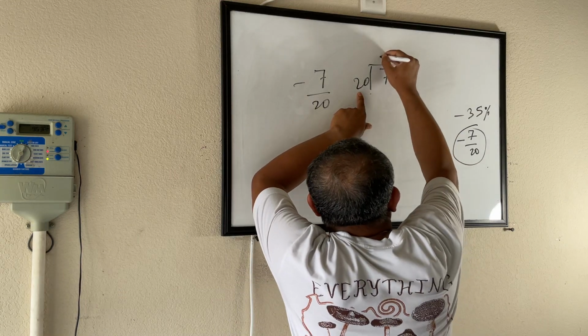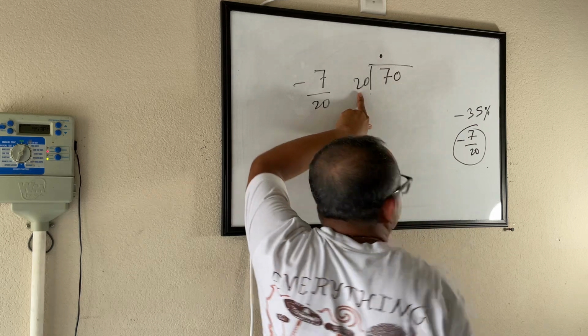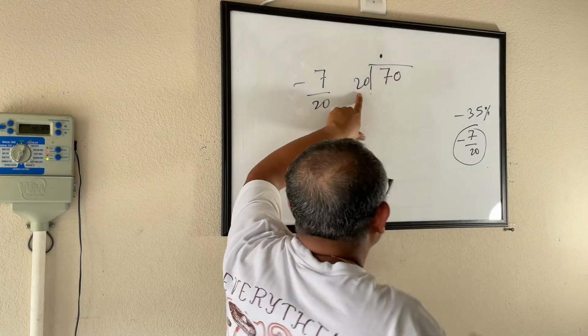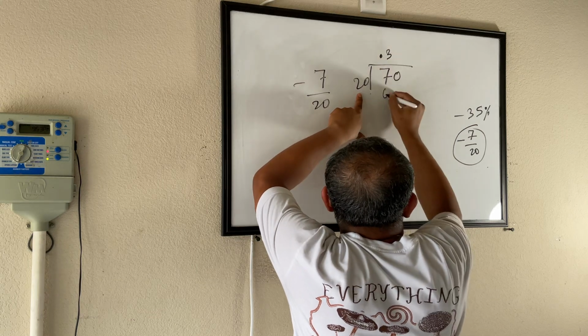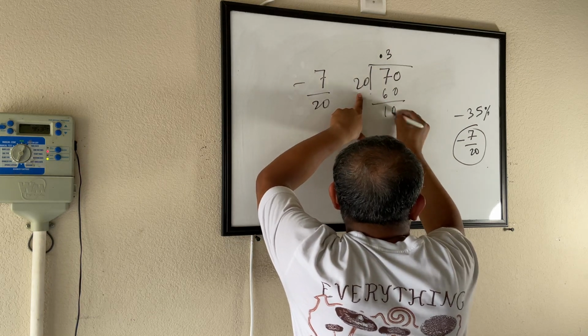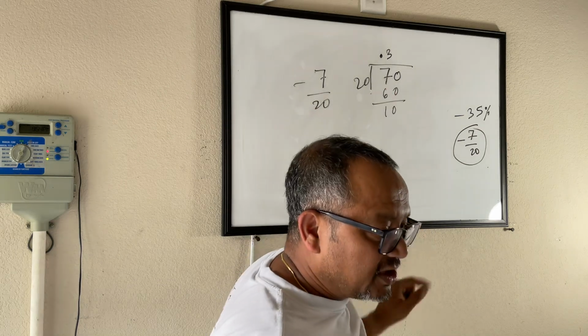As I said, decimal is the chicken that lays 1 egg at a time. It did. Now 70 is bigger than 20, so 20 times 3 gives me 60. Remainder is 10. 10 is smaller than 20, but I don't have to worry.